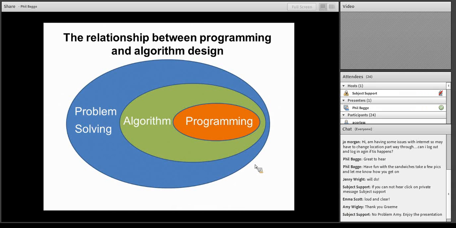Of course, an algorithm's a little bit bigger than this, because with an algorithm we're using human language, understandable language that people can read and follow, and it doesn't have to actually work on a specific device. That's why, in this illustration, we have algorithm being a little bit bigger than programming, because programming is in some ways a subset of algorithms.